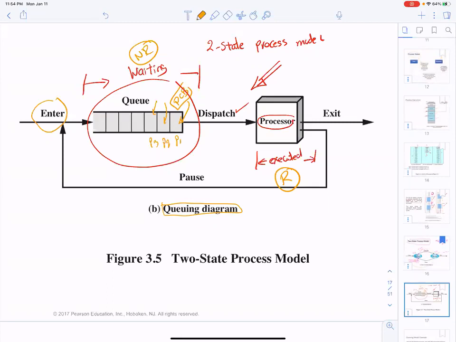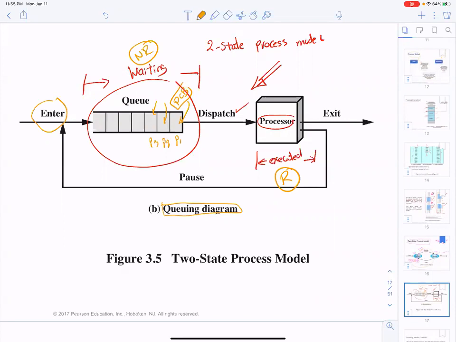When a process is interrupted, the process will transfer back to the queue and then will join the waiting processes, and the process has to wait for its own turn. And because we use a queue system, it's first come, first serve. So if the process has arrived first, it would be executed first. If the process has arrived last, it will be executed last, unless we have a priority queue.